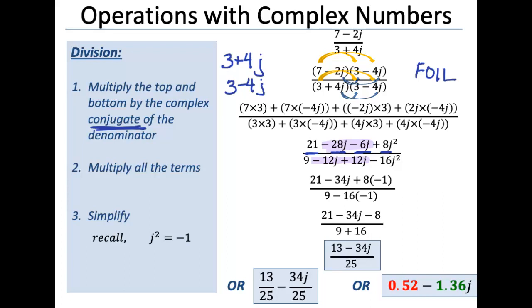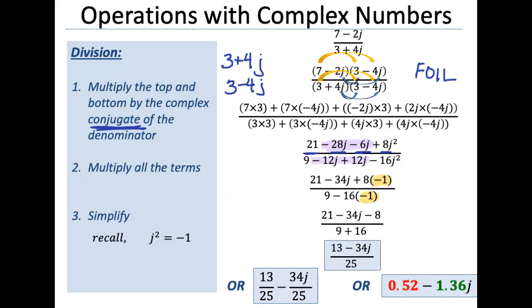So I'm replacing each j squared with negative 1. And then I just clean things up. So 21 minus 8 gives us 13, bringing down the minus 34j. And then look at our denominator. We have 9 plus 16, or 25. So this is what the final answer looks like.